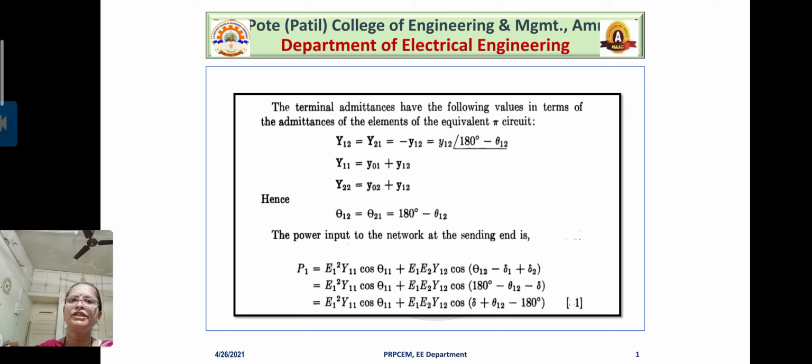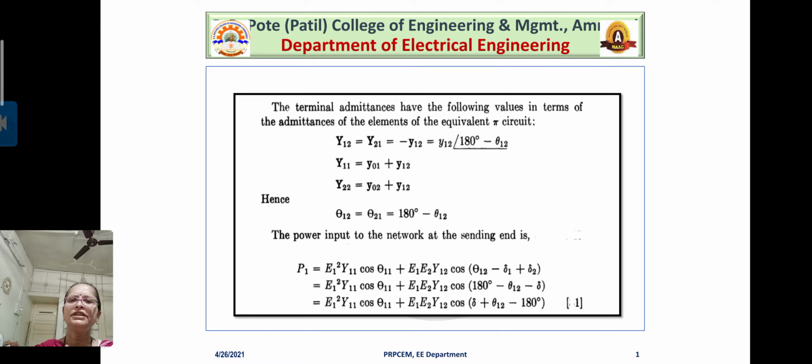Y11 is y01 plus y12. Y22 is y02 plus y12. Theta 12 equals theta 21, which is 180 degrees minus theta 12. Also the power input to the network at the sending end is given by this equation; write it down and call it equation 1.